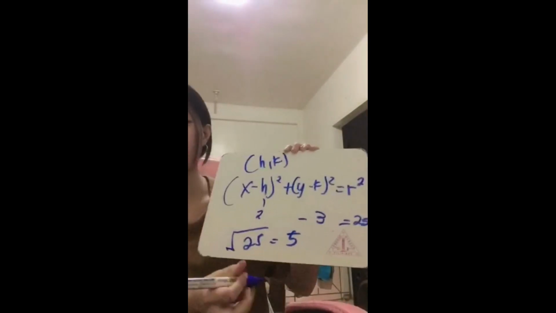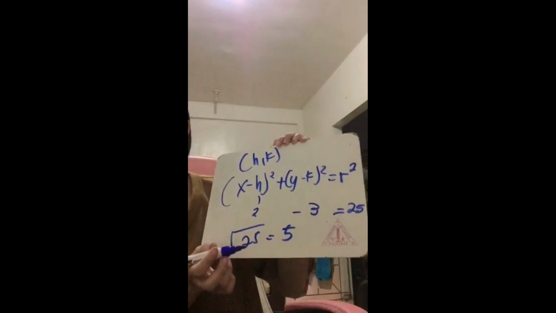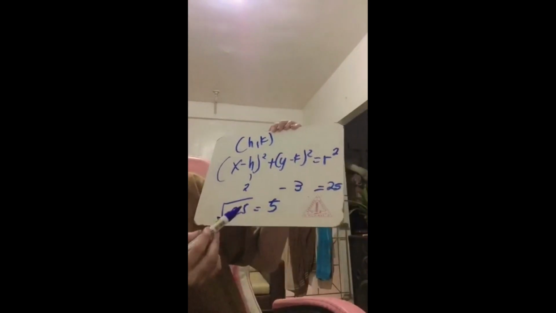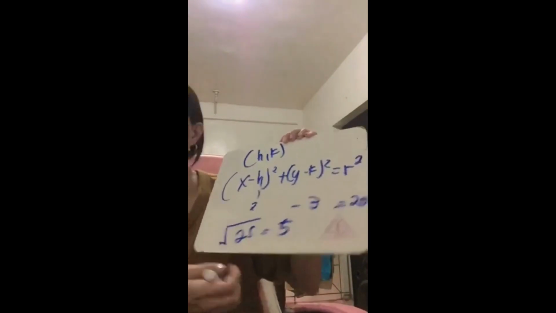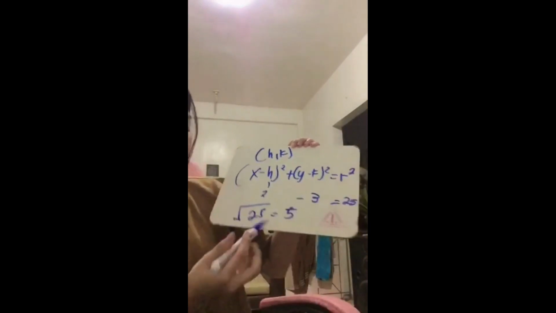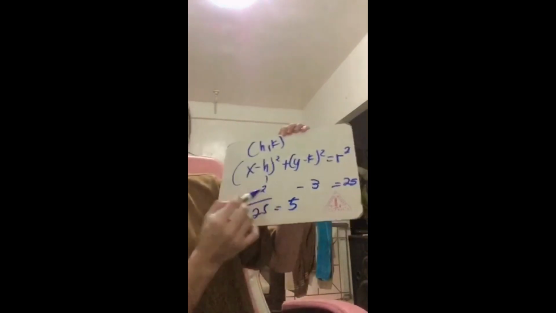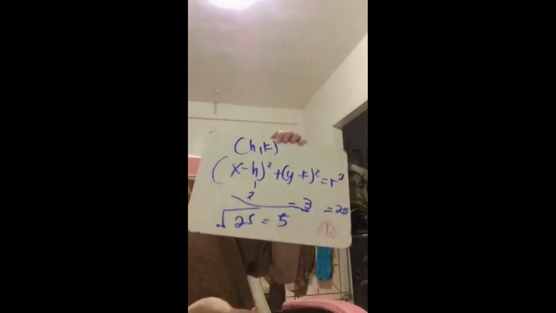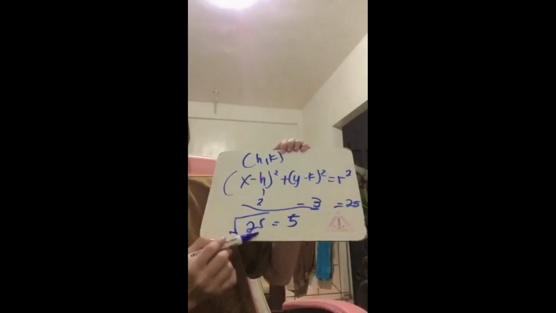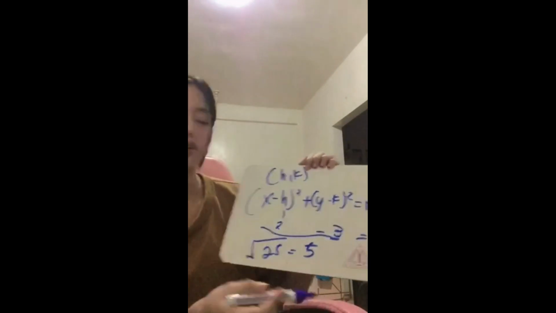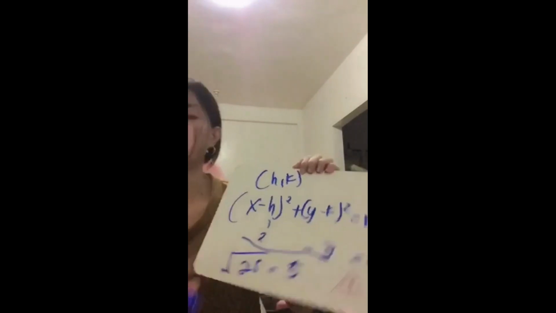This is the radius of the circle, and this is the center of the circle, 2 and negative 3.